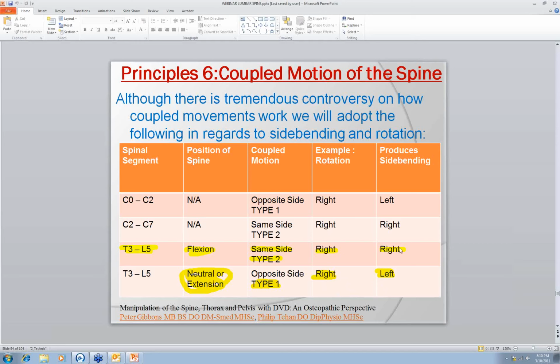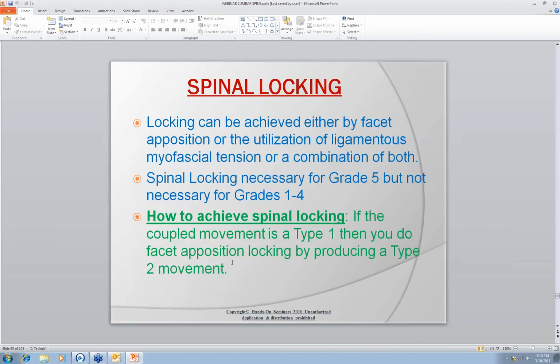But if I want to produce a right side bending, I can produce it by having my patient do a right rotation from a flexed position. So you see how the flexion and the extension will cause a difference in how this works.